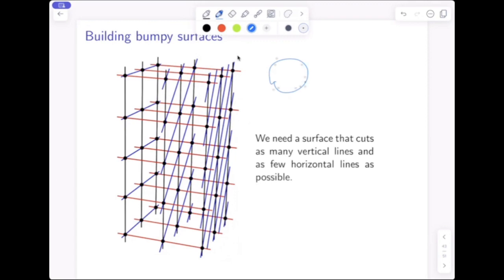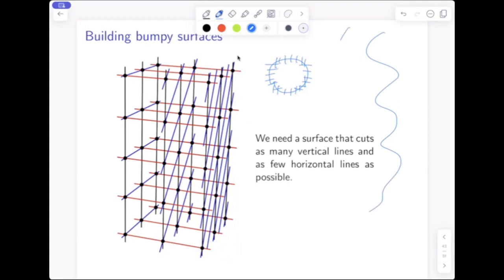How do we fix this? Well, we want to modify our surface. We want to modify our set so that it cuts as many vertical lines and as few horizontal lines as possible. One way to do that is instead of making it smooth like this, to make it more wavy.